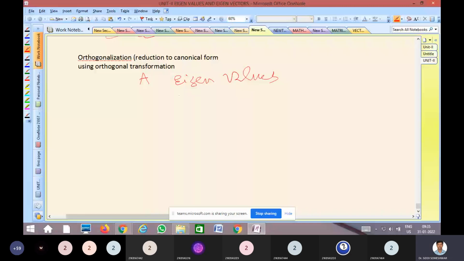So the model matrix P is written with the normalized eigenvectors E1, E2, E3, and then P inverse AP equals P transpose AP, which gives a diagonal matrix D with the eigenvalues as diagonal values.